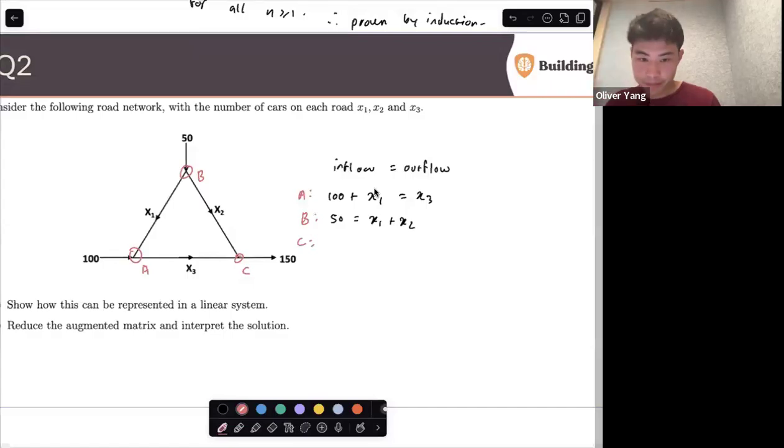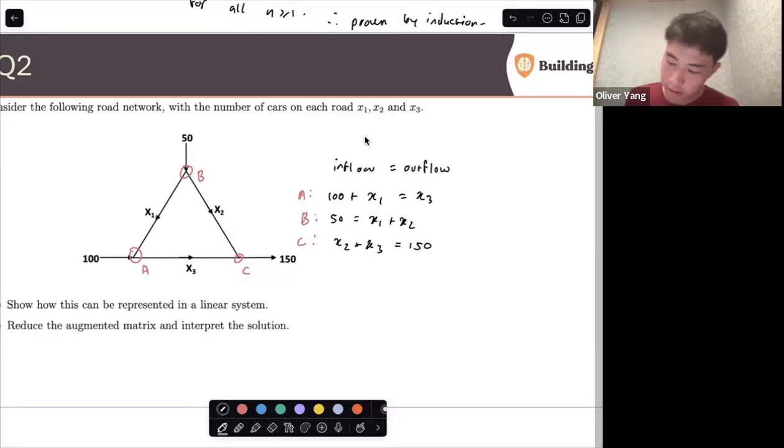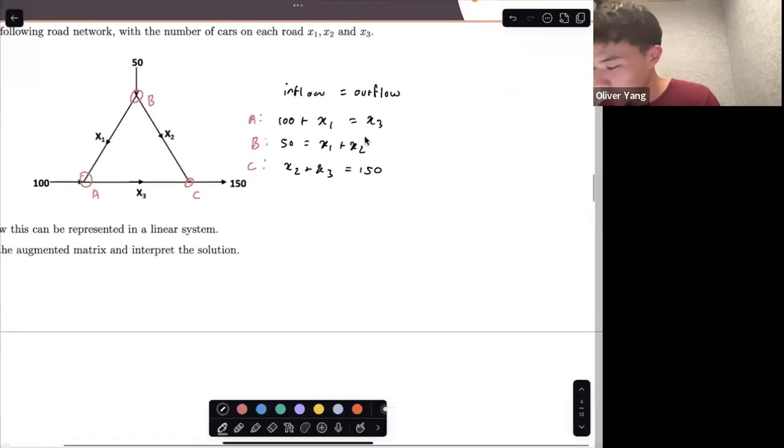And for C, we have x2 plus x3 equals 150 because the 150 is going out. So we've got 3 variables, 3 equations. We can make this a linear system.